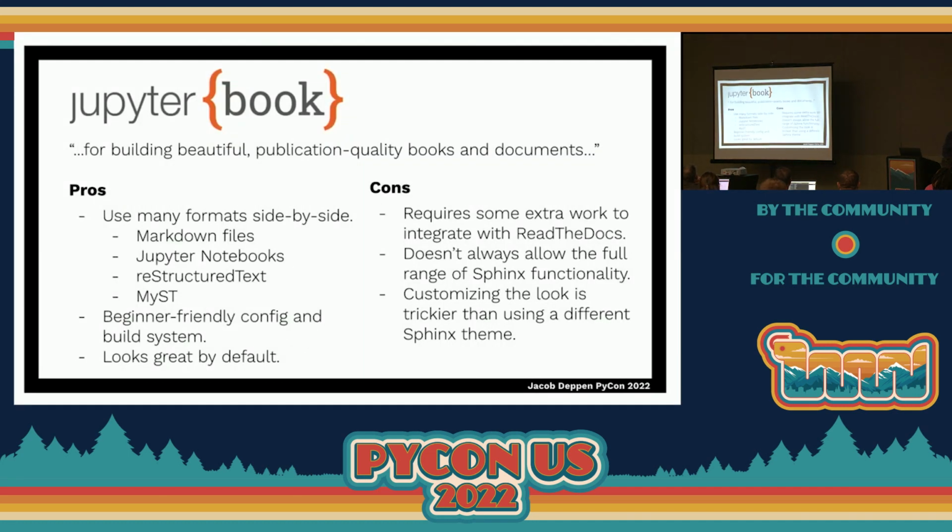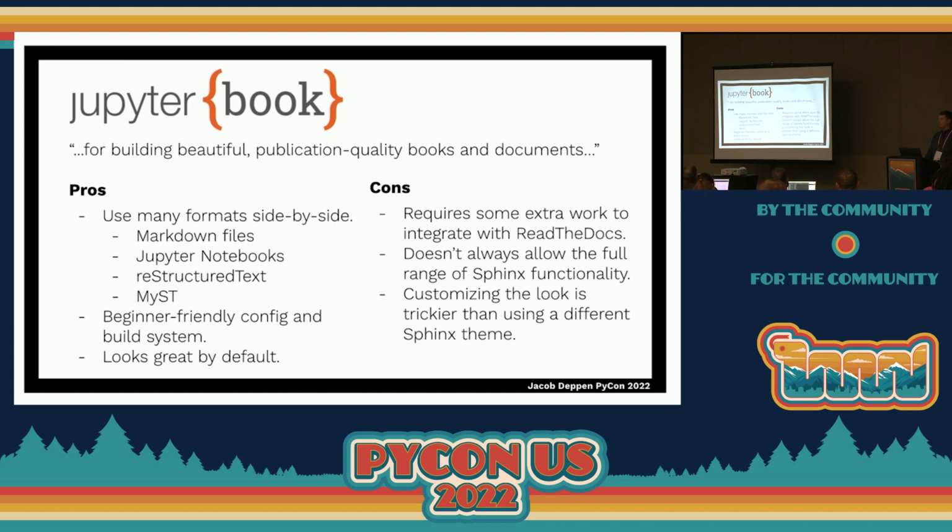So one way of getting there is Jupyter Book. It's a project for, as they call it, building beautiful publication quality books and documents. It's not necessarily built as a documentation engine, but it has a lot of advantages that make it nice for that.